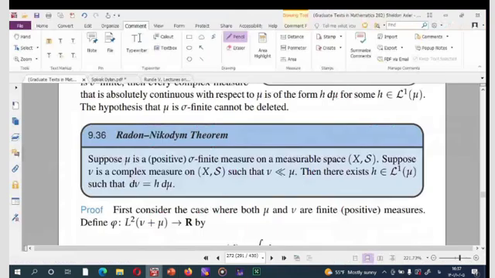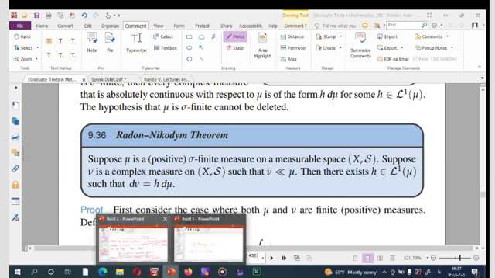Now the Radon-Nikodym theorem proves the converse of this: for any measure absolutely continuous with respect to mu, there exists one h in L1 such that nu equals h d mu.